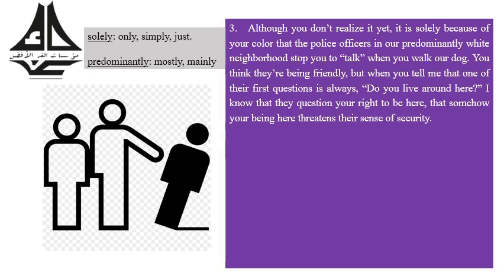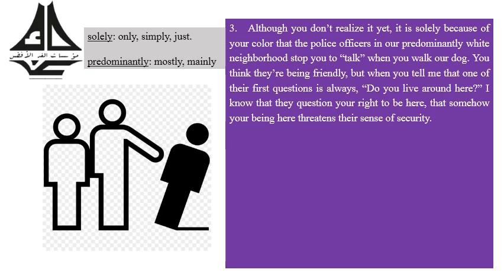In this paragraph, the mother gives the example of the police officer asking her daughter questions while walking the dog. It's very clear that the daughter is still too innocent to understand what the police officer truly means by such questions, so she believes that he is just being friendly and nice.